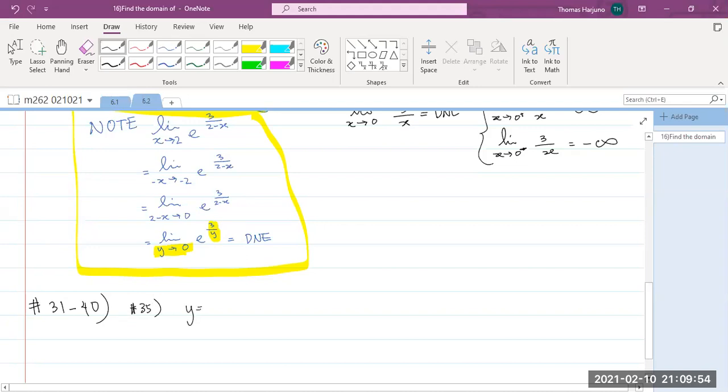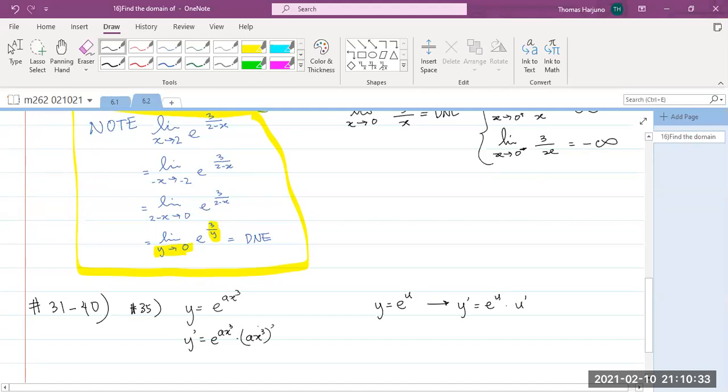y equals e to the ax cubed. So y prime will be, now let's look back a little bit. Let y equal e to the u, then the derivative is itself times u prime by chain rule. So the derivative of e to blah is e to blah times the derivative of blah.